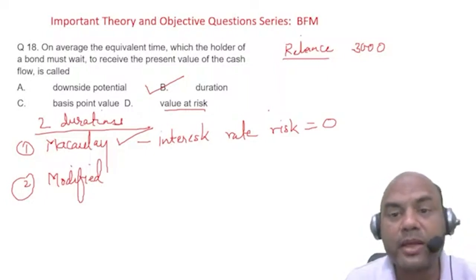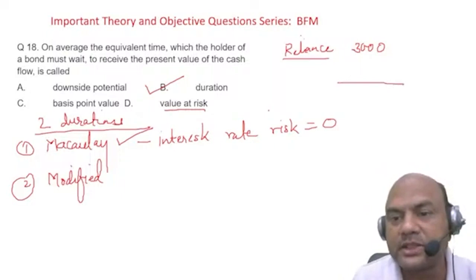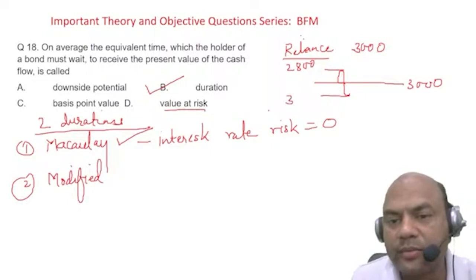What is the recent trend of Reliance share? Look at this. Suppose this is a line of 3000 and the share moves between 2800 to 3200, means daily it moves between this and this. Lower side it goes to 2800 and upper side it goes to 3200.